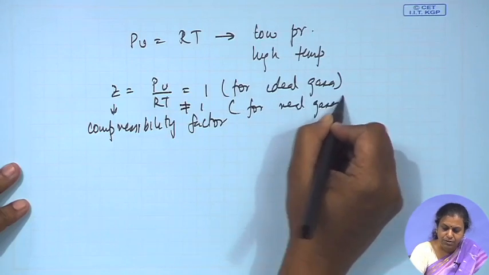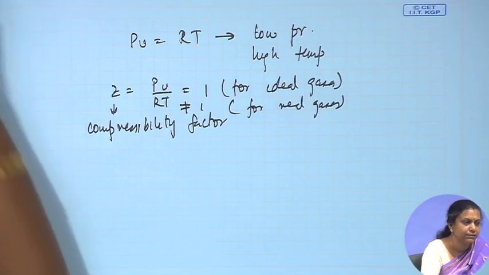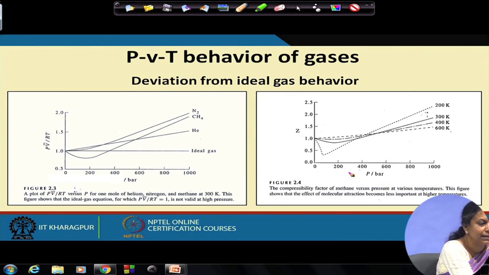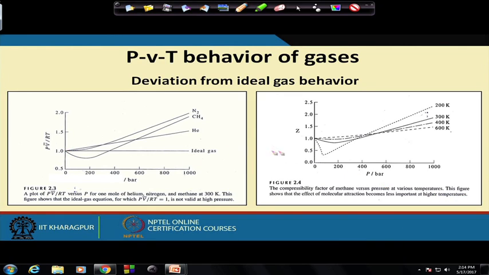This you already know, and I have just depicted this in the figures here, where we show that Z is not equal to 1 for any real gas, and as the temperature keeps on decreasing, the deviation from ideality increases. It is also a function of the nature of the gas. So, naturally, since the ideal gas equation does not suffice, what is the next thing? We would like to go for the different equations which would predict the PVT behavior of the gases.